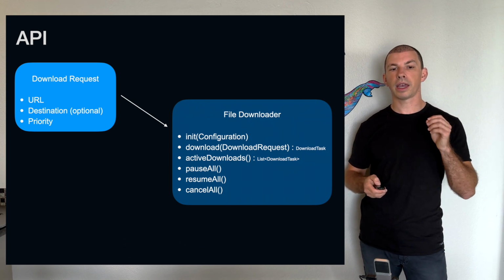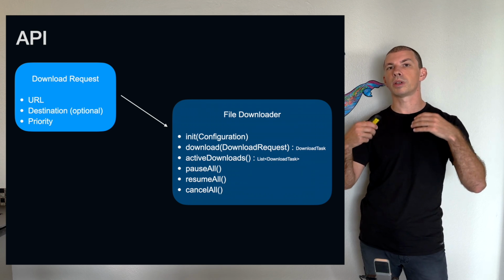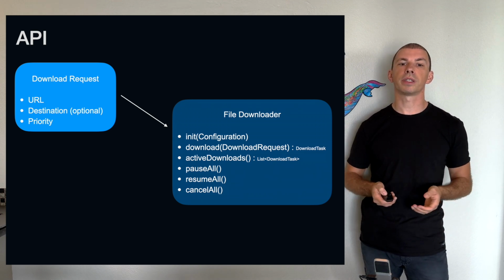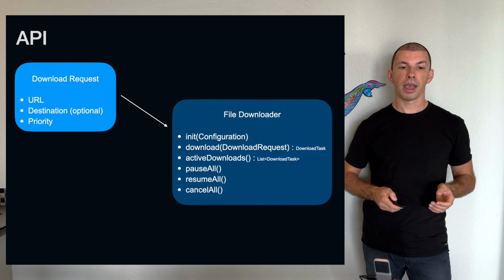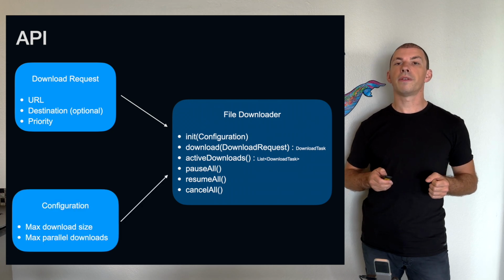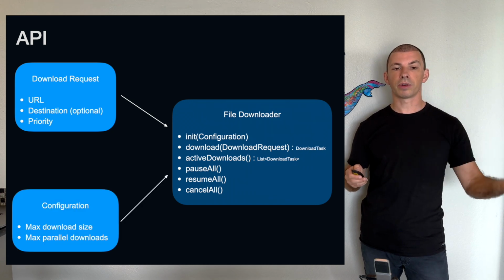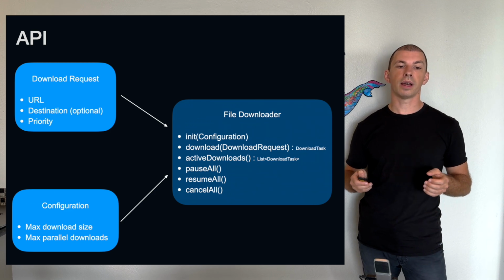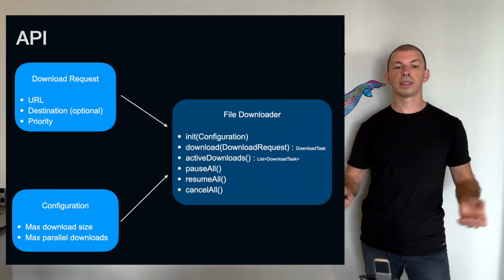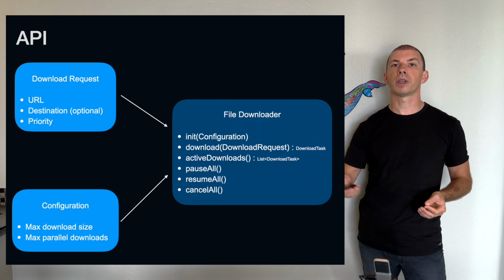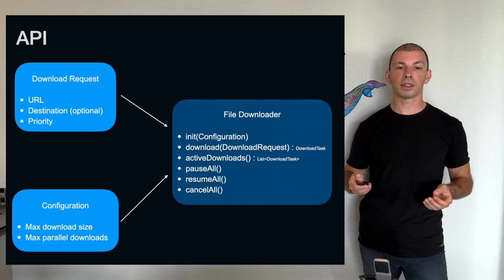And we can also set priorities, so whether it's a critical task or not so critical. And also this file downloader will receive some configurations. We said before it will contain maybe the maximum number of parallel downloads at a time.